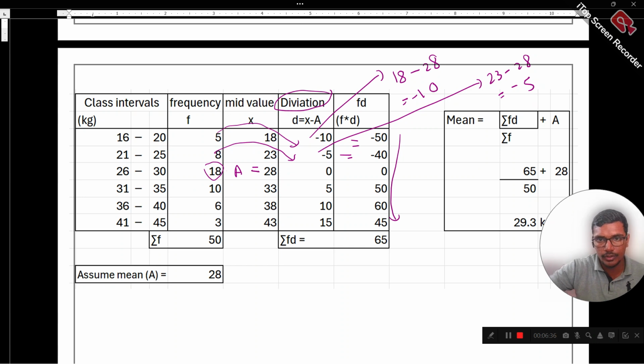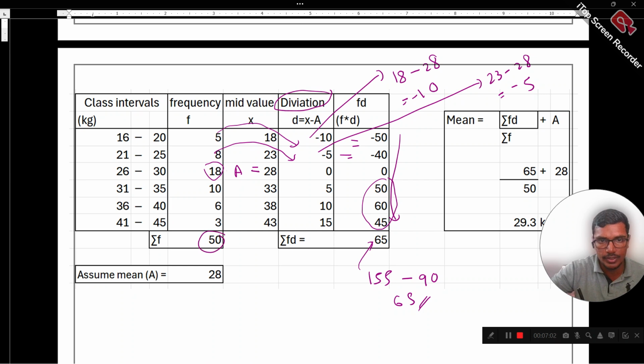Here the positive numbers will be 50, 60 and 45. 50 plus 60, 110. 110 plus 45, 155. Negative numbers will be 50 plus 40, 90. When you subtract that, 65. That's how 65 came. That will be sigma fd, and sigma f will be 50.